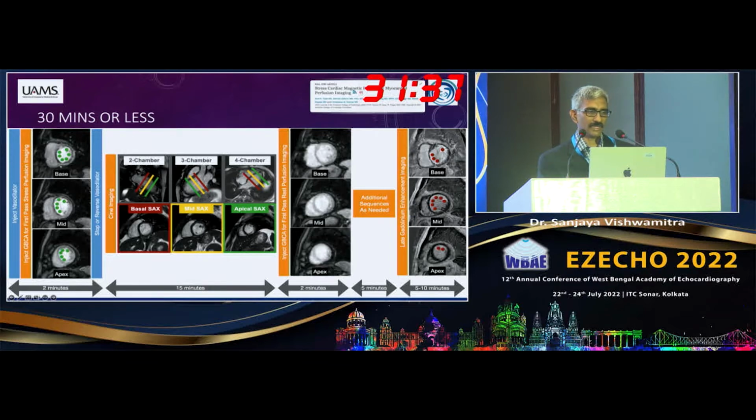So you can do a standard 2-chamber or short axis views. You can get a standard 3-chamber, which includes the aortic outflow tract, and of course the 4-chamber view as well. And you can get the basal to apical short axis views that you see. By injecting gadolinium, which is an extracellular contrast media, we are then able to assess ischemia and the presence of viability, and I'll talk about that.